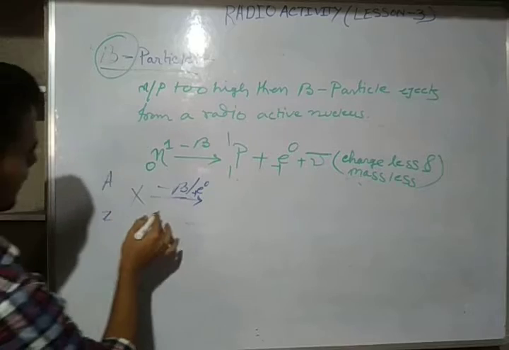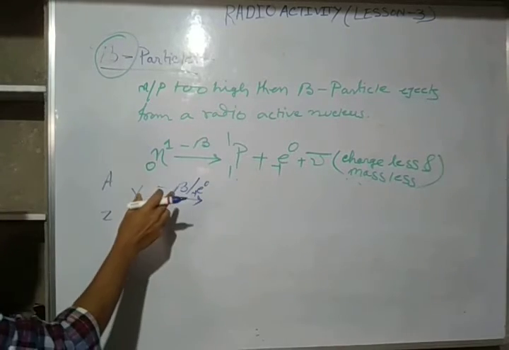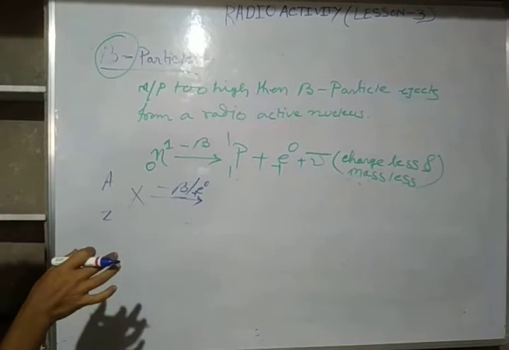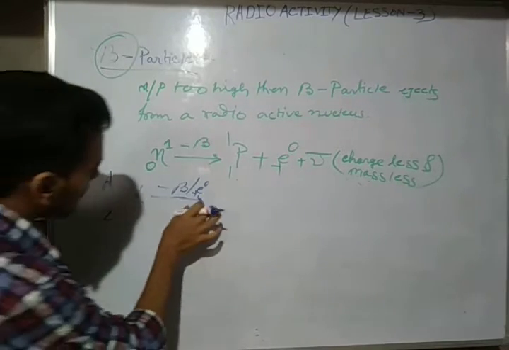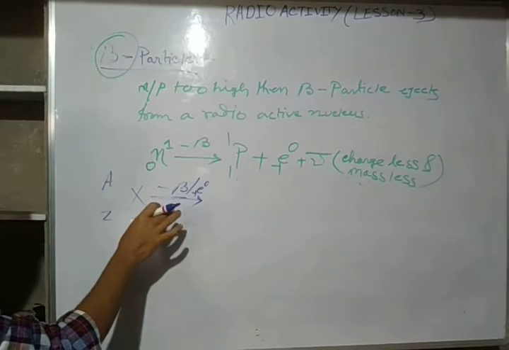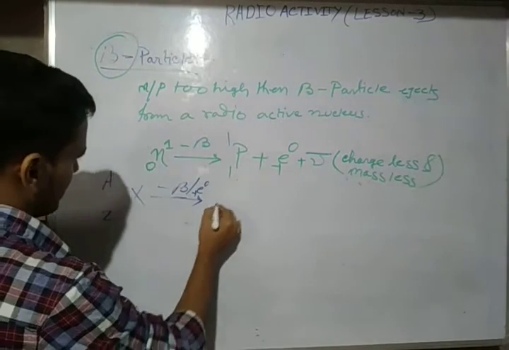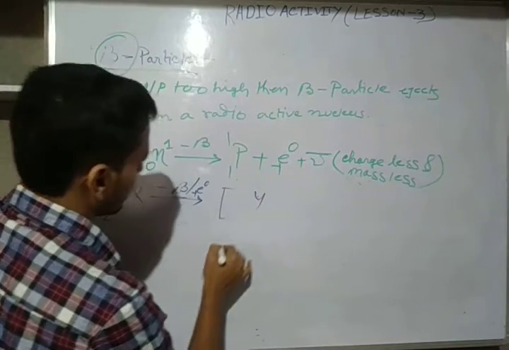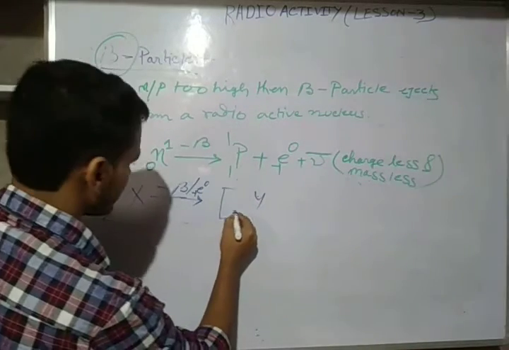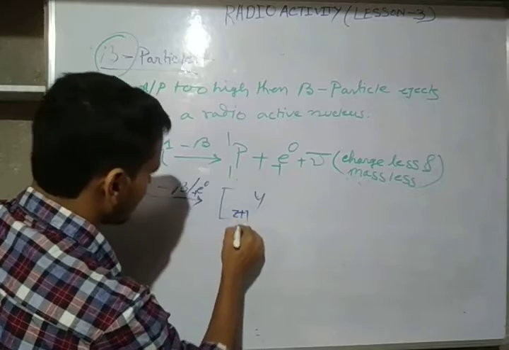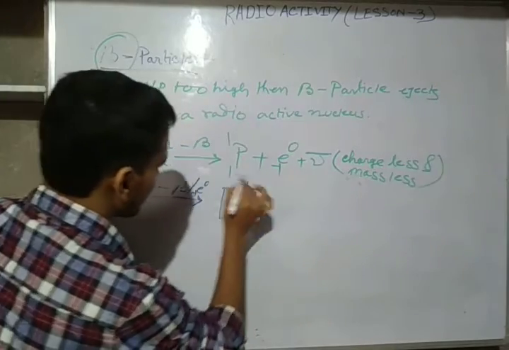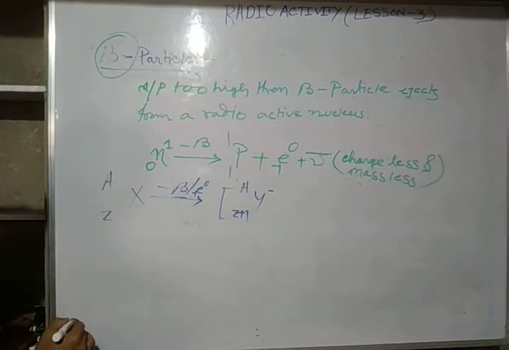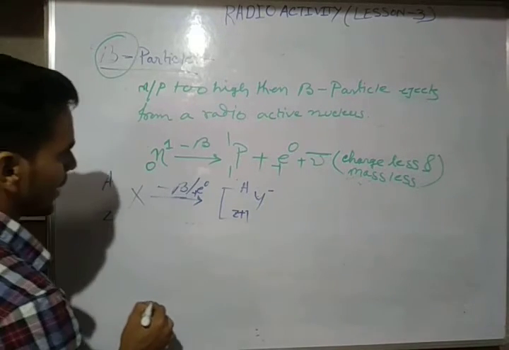Then when a beta particle ejects, means an electron emits from the nucleus, it forms a cation in the transition state, means the daughter nucleus becomes Y, its atomic number is Z plus 1, mass number does not change, and forms a cation.